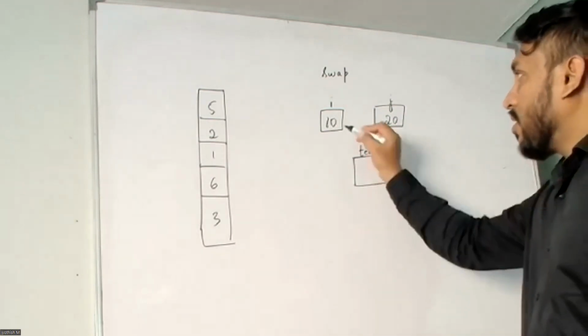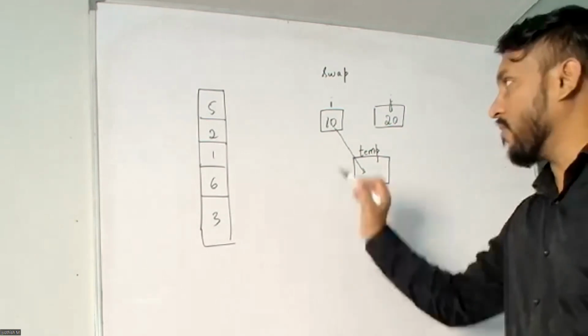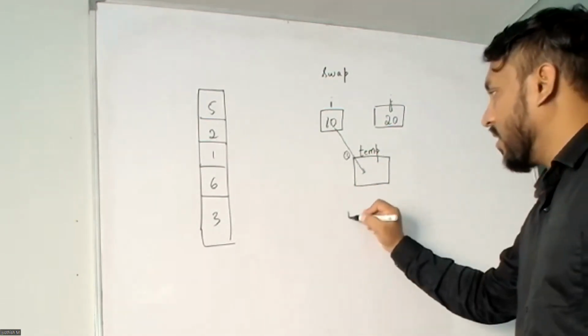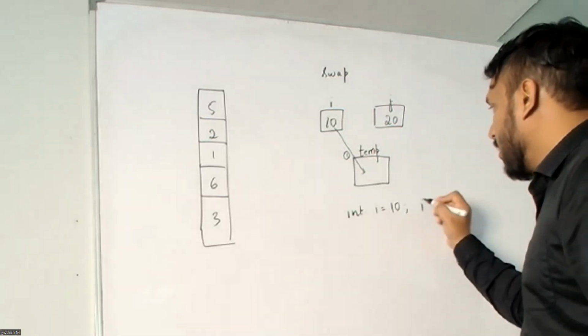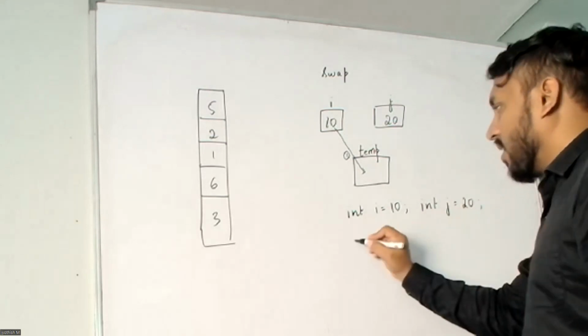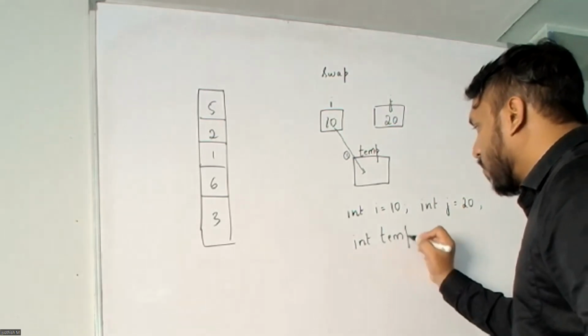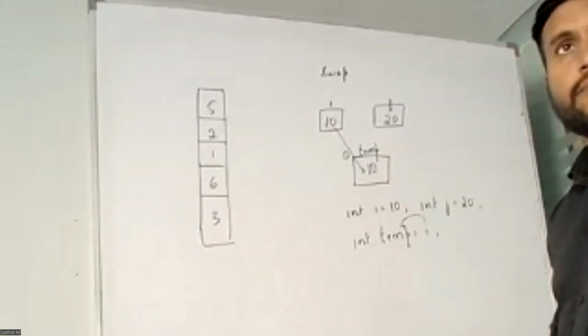Correct? Step 1: copy i value to temp. So if I take int i is equal to 10, int j is equal to 20, and int temp, 10 is present here, no?